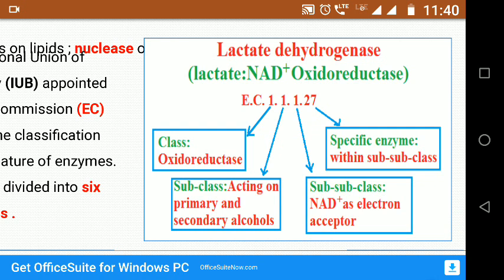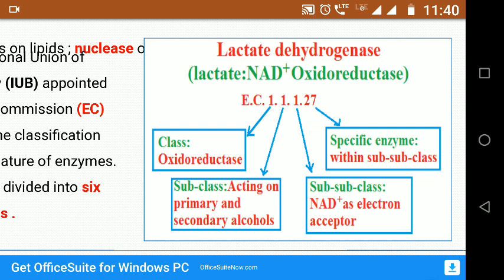We have 6 different classes in the classification, and based on the type of the enzyme, we give that particular number. The first class of the enzyme classification is oxidoreductases. That is why lactate dehydrogenase comes under oxidoreductase enzymes, so we have given number 1. That is the class of the enzyme.